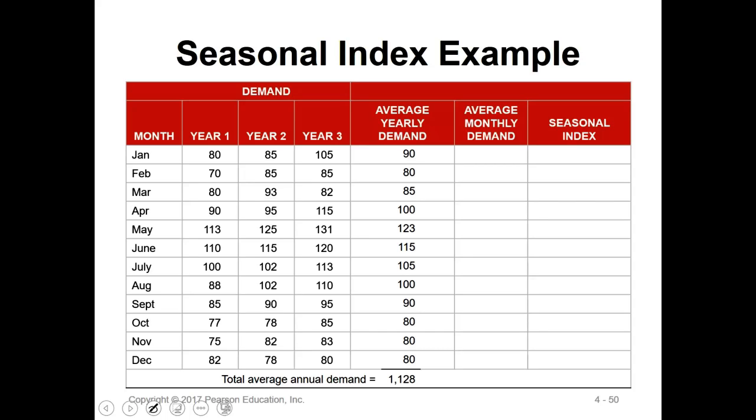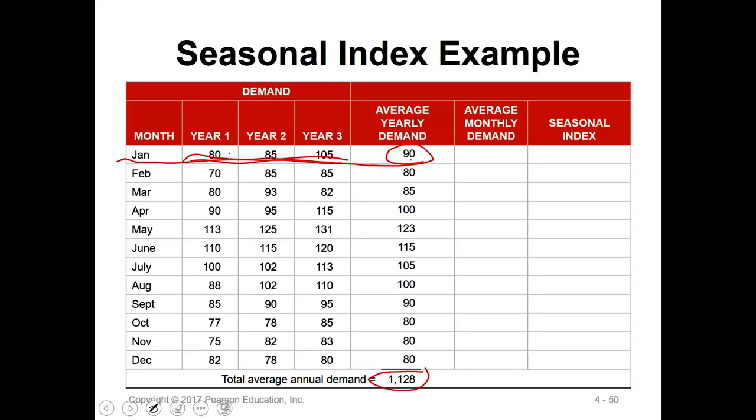Okay, in this existing data, we can calculate the average demand in the past 3 years. So 90 is the average of the past 3 years. And then you can find out every month. And then we can find out the total annual demand.